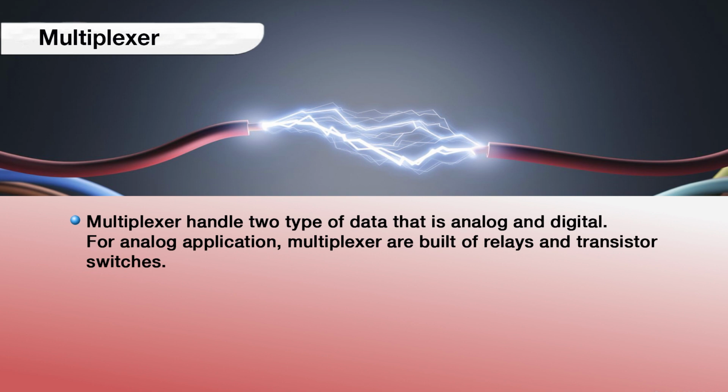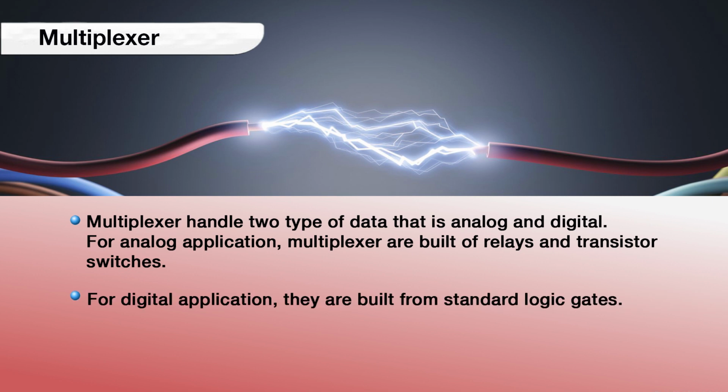Multiplexers handle two types of data, that is analog and digital. For analog applications, multiplexers are built of relays and transistor switches. For digital applications, they are built of standard logic gates.